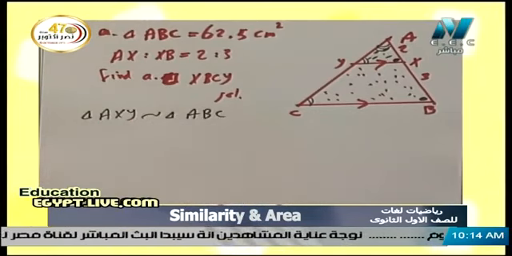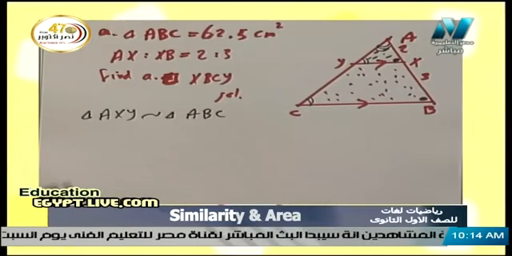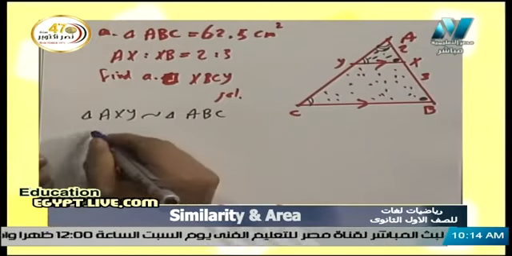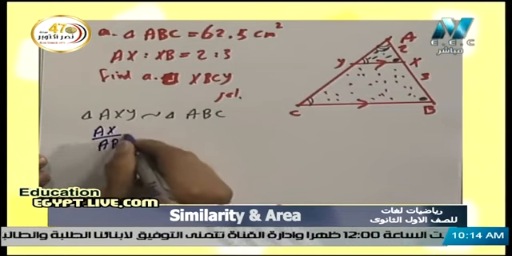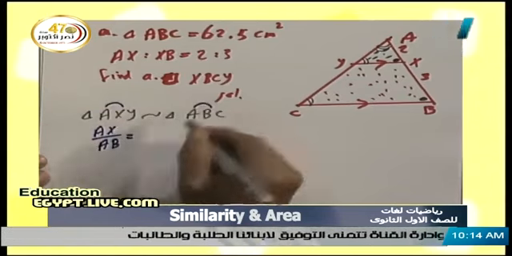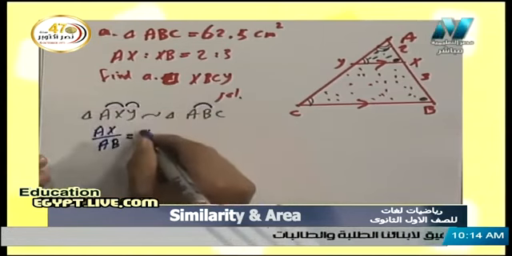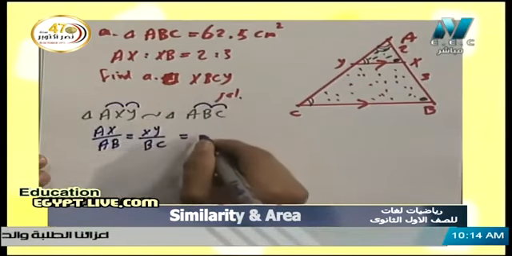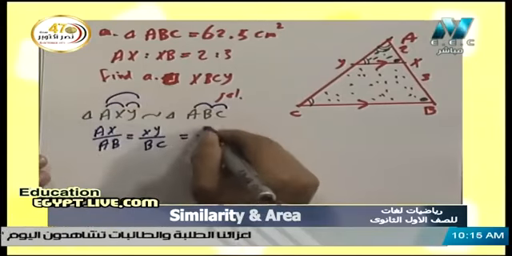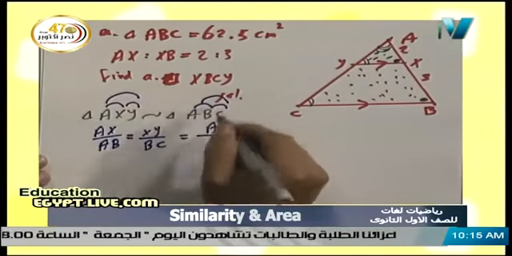And of course, we can deduce that AX over AB, okay, equals XY over BC, also AY over AC.